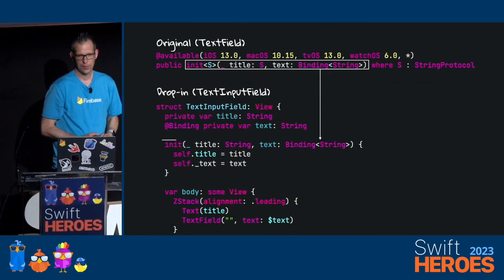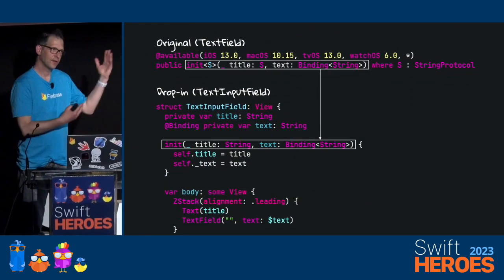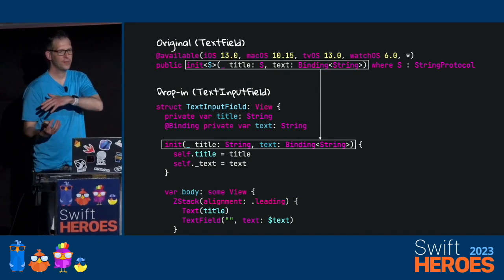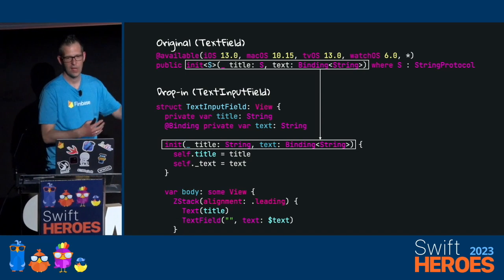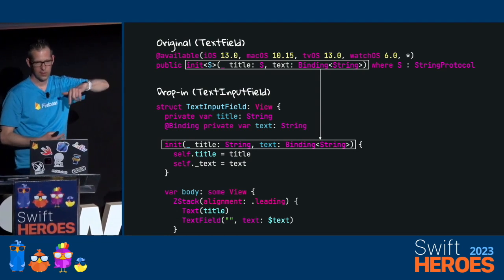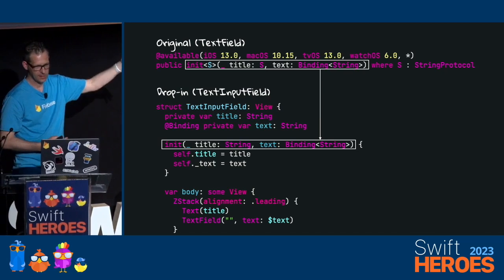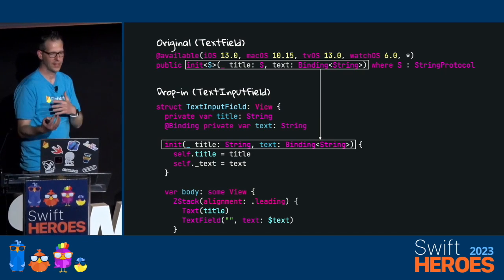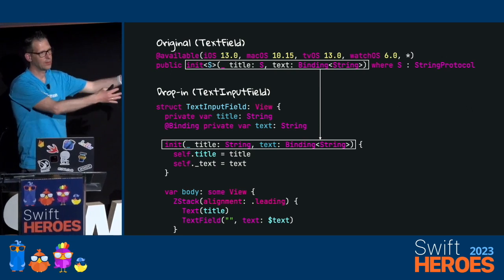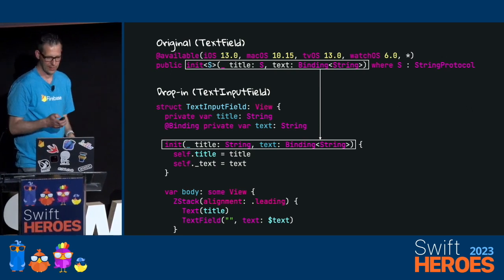So we'll need to make sure that we've got this initializer here. If we didn't have that initializer, we would have to call it using text input field, title, colon, and then the title, and then text, colon, and then the binding. We don't want that. We want to skip the title, and that is why we have the underscore, and that is why it looks like this.